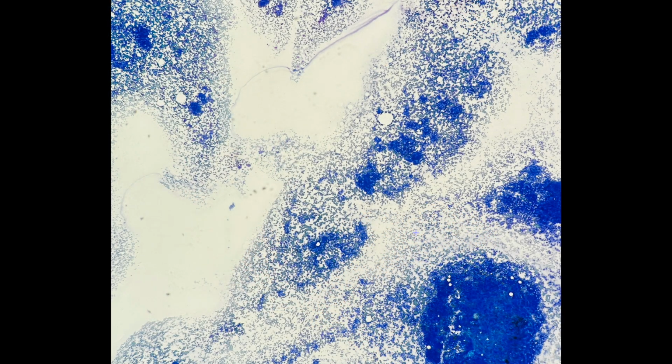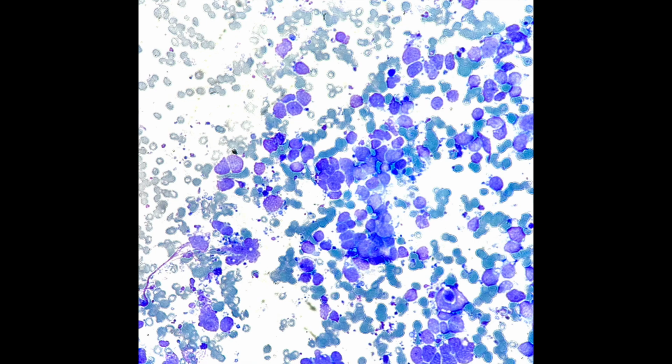Now let's talk about this case, an 80-year-old gentleman with a mass in the central portion of the lung encasing his bronchus. We see cohesive groups with some discohesive cells. Closer up, you see some molding. The cells themselves have high NC ratio, very delicate cytoplasm.